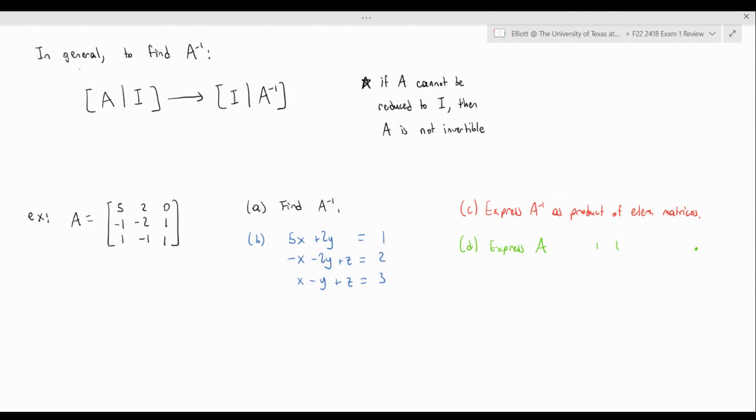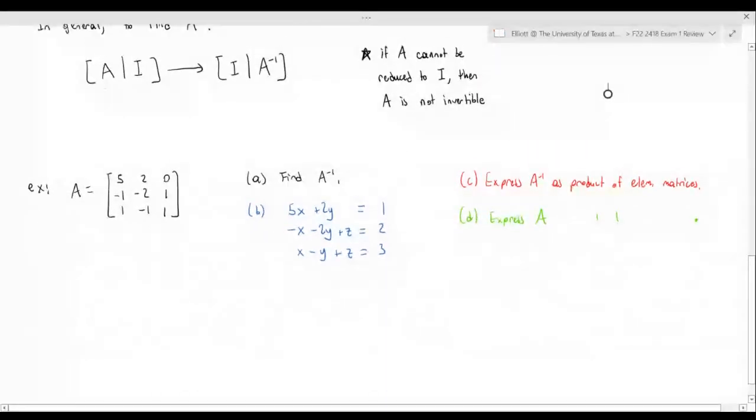But real quick, if it is not possible to reduce A to an identity matrix, then this procedure is going to fail, okay? When that happens, that just means that your matrix A is not invertible, okay? So for now, this is the main way of checking whether a matrix is going to be invertible or not. You just want to see if you can reduce it to an identity matrix.